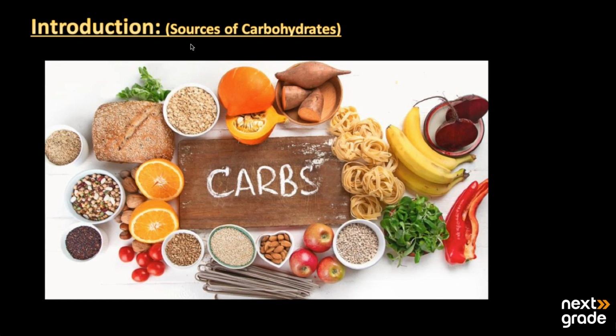So mainly, when we talk about the sources of carbohydrates, we can take them from different substances. If we have different fruits, different vegetables, and along with that pulses or different spices, all of them contain carbohydrates in different forms.